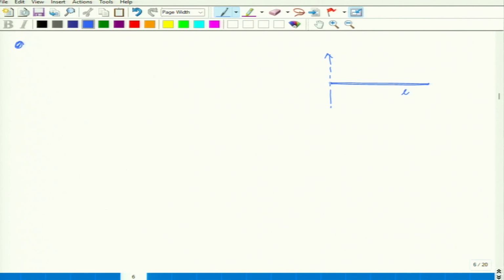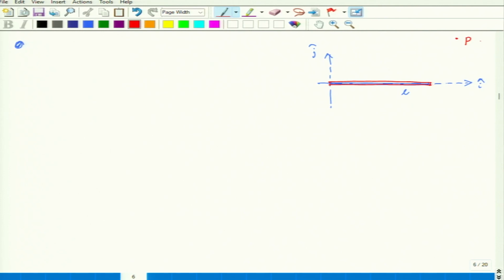We consider the left end of the rod and put an axis, and the rod is placed along the x axis, of length L. We want to calculate the electric field at any point P in the xy plane.